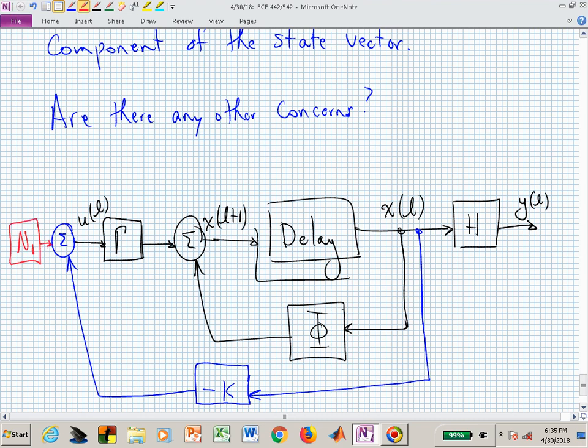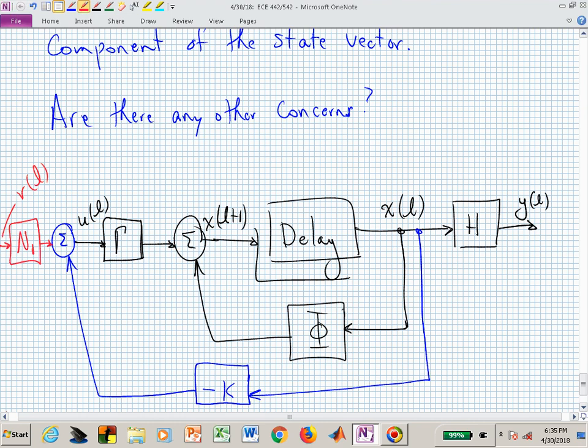So now, bummer, I'm going to cheat a little bit, maybe. But this signal is now our reference input. We now have our reference input scaled by n sub 1, and that now gets injected in and makes up part of our input u of L. u of L now not only has full state feedback, but it also has an external reference input.